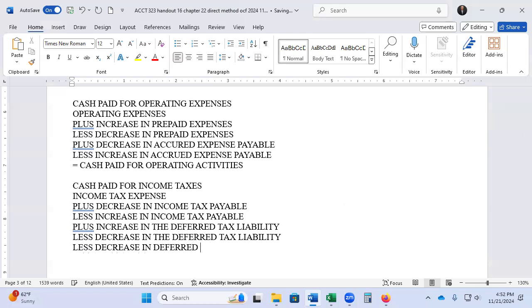Oh, too many R's there. Plus an increase in deferred tax asset equals cash paid for taxes.